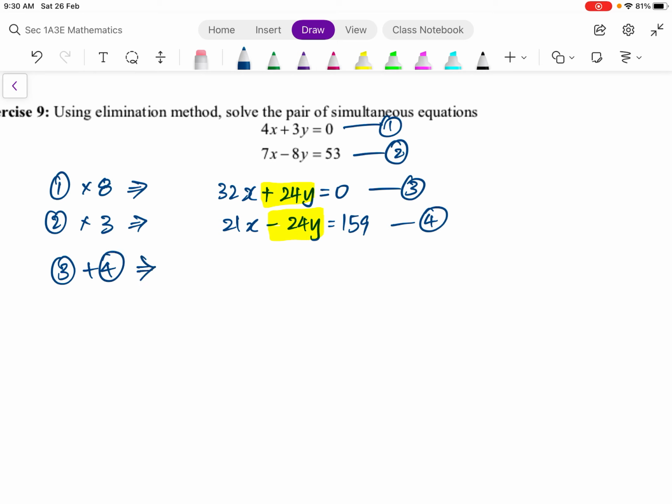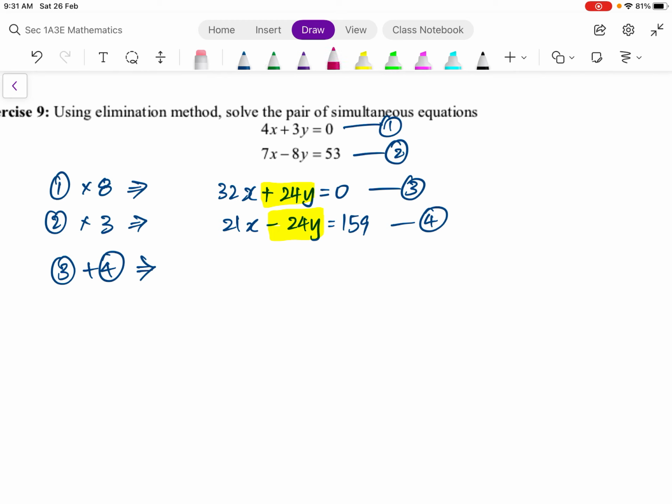We have to add because the signs of 24y and negative 24y are different. If you were to subtract one from the other, you would end up with either 48y or negative 48y. So go ahead and give it a try. Convince yourself that the only way to eliminate when the signs are different is to add them up.